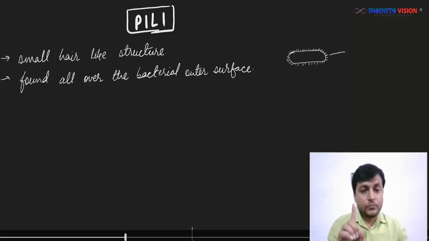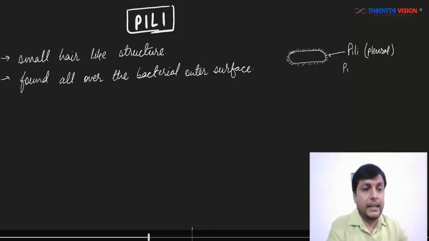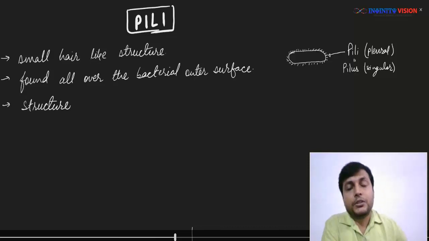Now just remember that pili is plural form, whereas pilus is the singular. So what we have seen here is the pili are small hair-like structures. They are found all over the bacterial surface, and pilus is singular, pili is plural.